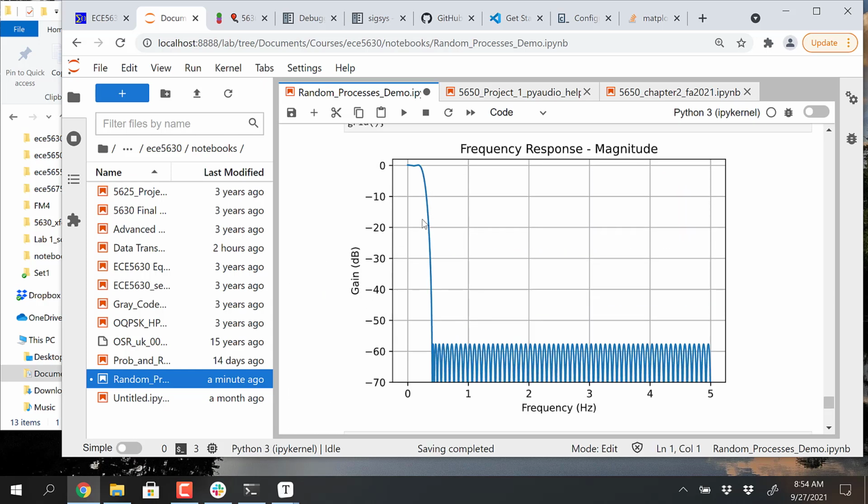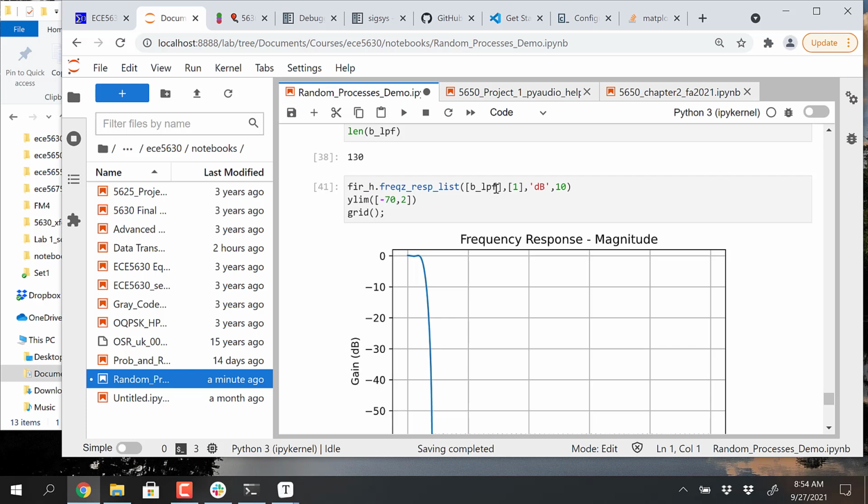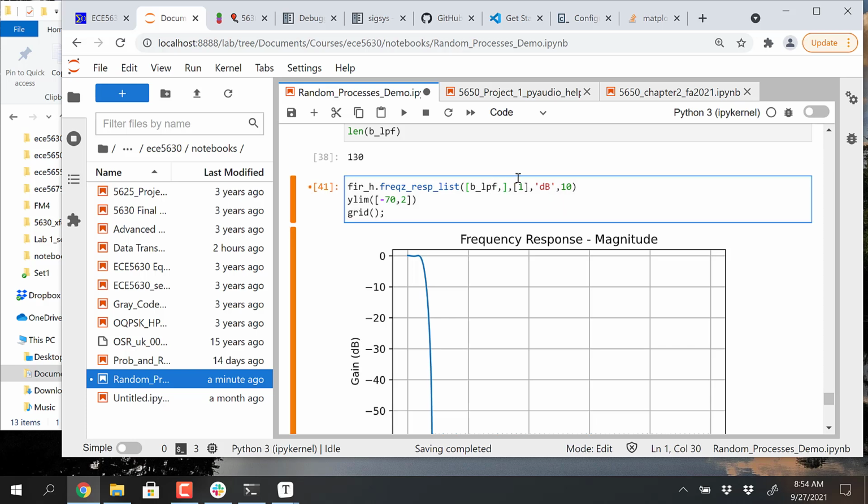I'm going to go back up here, not perfectly good form, but I'm going to do this. I'm going to put B sub BPF.